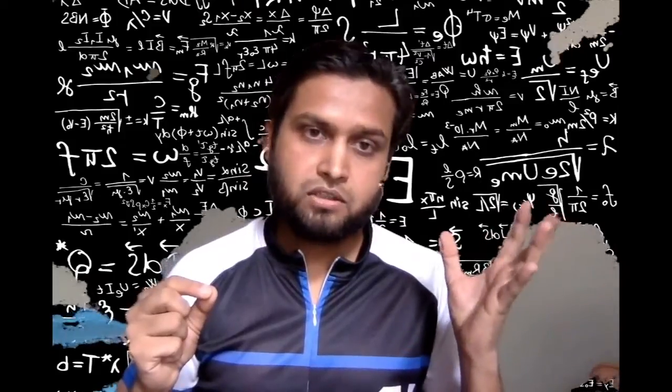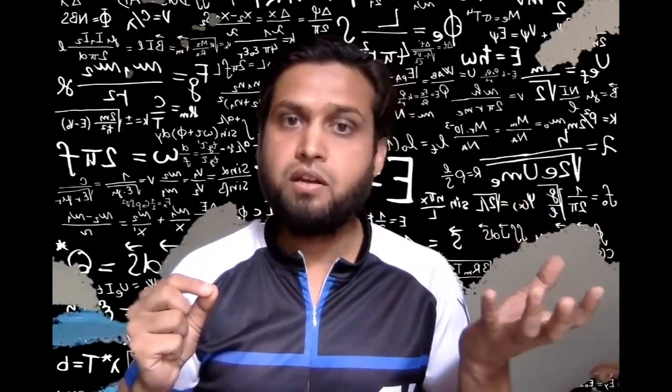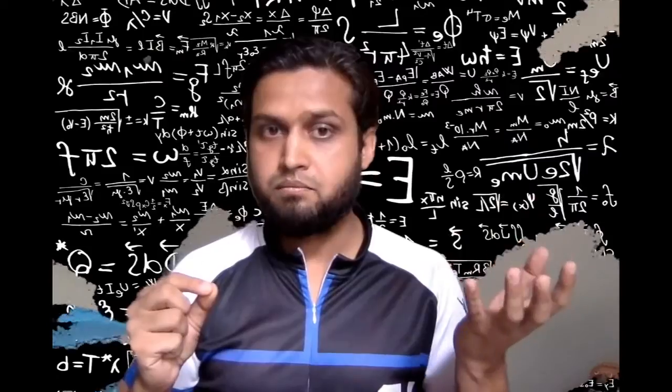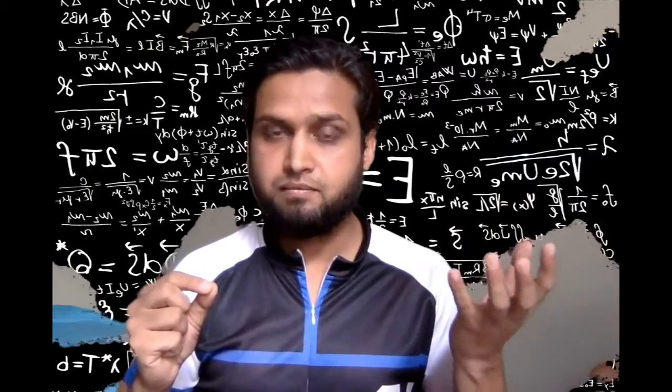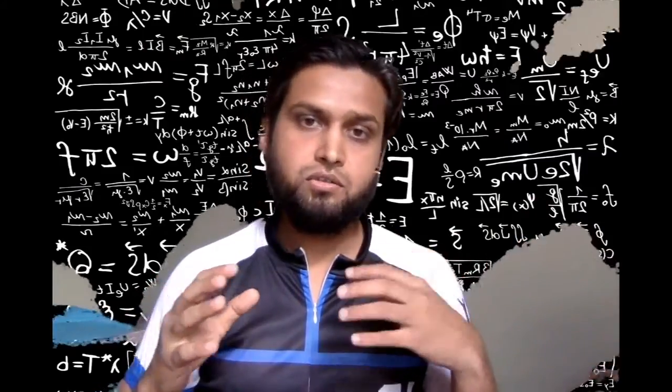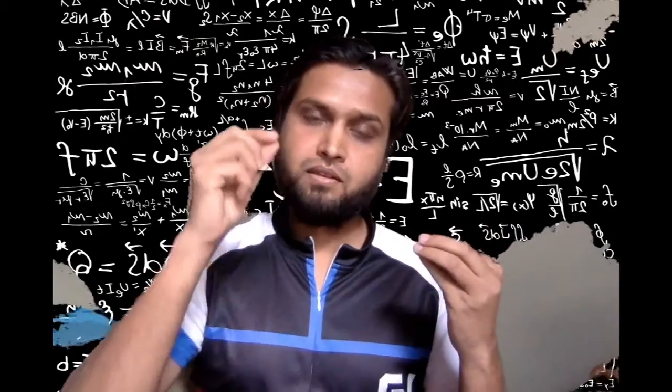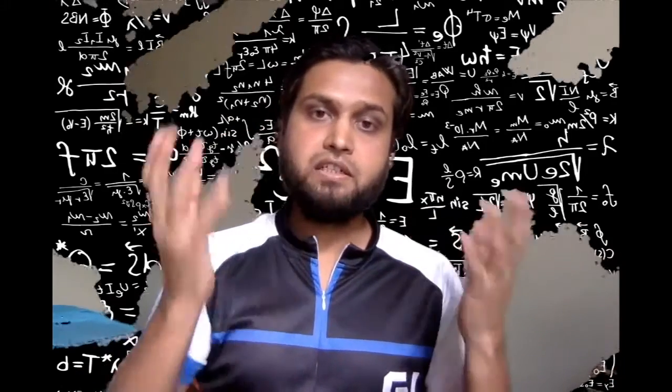In plain and simple terms, this constant we call the qadr of Allah. It's the predefined destiny. In Surah Yasin, it says that everything in this universe is moving around in an orbit.